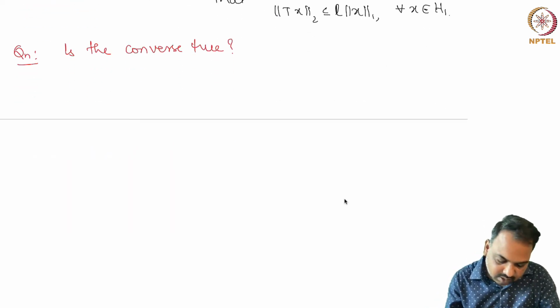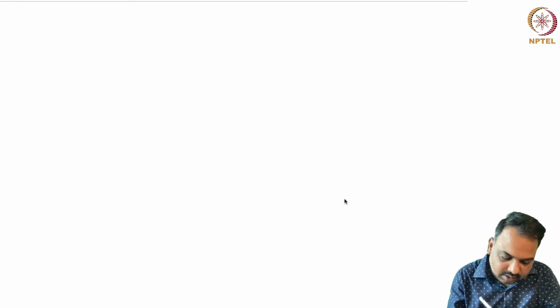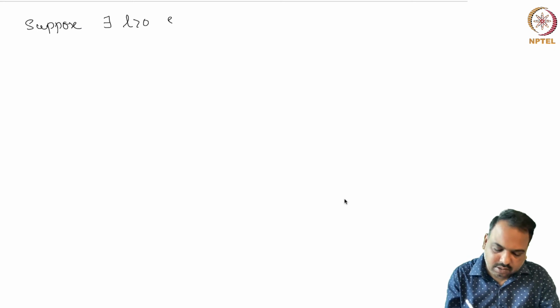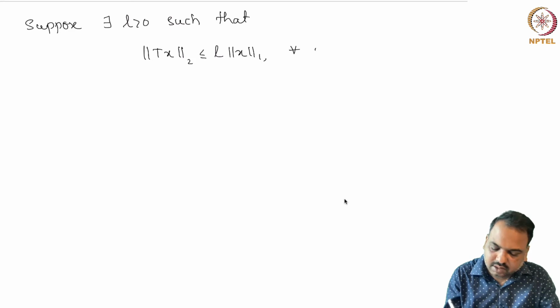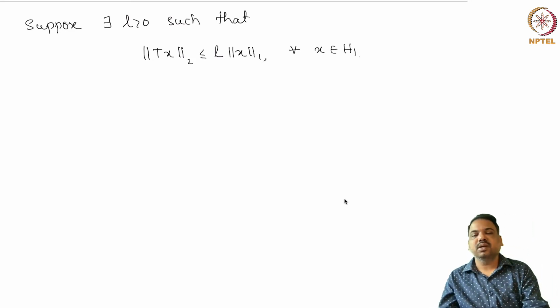Suppose there exists some, let us say, L bigger than 0, such that norm Tx is less than L times norm x for every x in H1. Can we say that T is a bounded linear map?